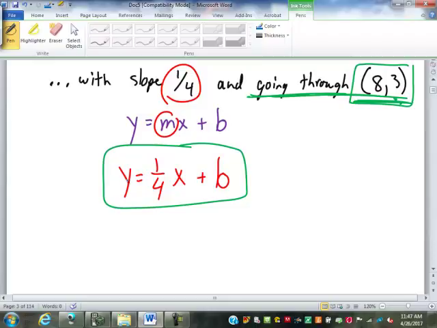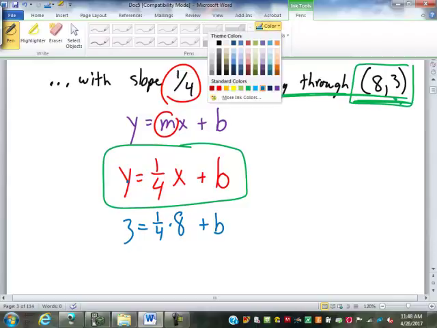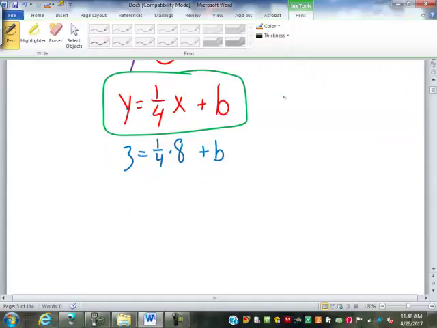Which of those numbers goes in for the x? Eight goes in for the x. Very good. So it's 1/4 times 8. Which number goes in for the y? 3. Good. So we got 3 is equal to 1/4 times 8 plus b. So now the next thing we have to do here is order of operations.